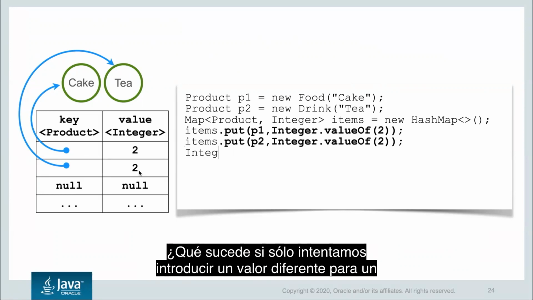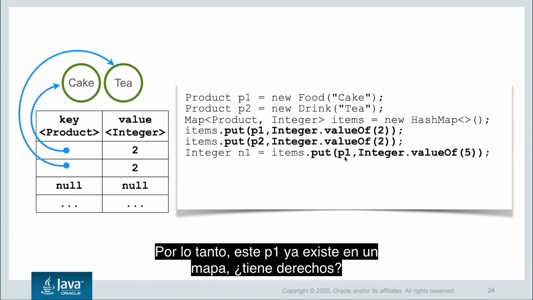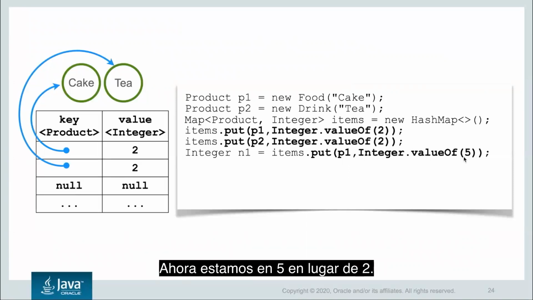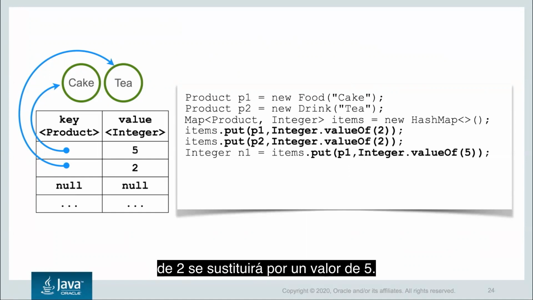What will happen if we try to put a value for an existing element? This P1 already exists in the map, but now we put in 5 instead of 2. Well, that will act as an update, so that value of 2 will be replaced with 5.